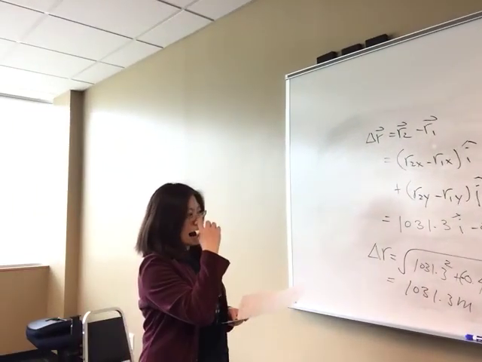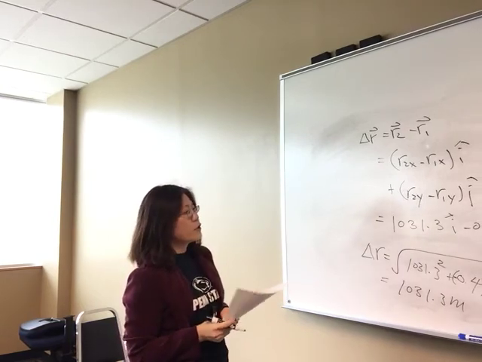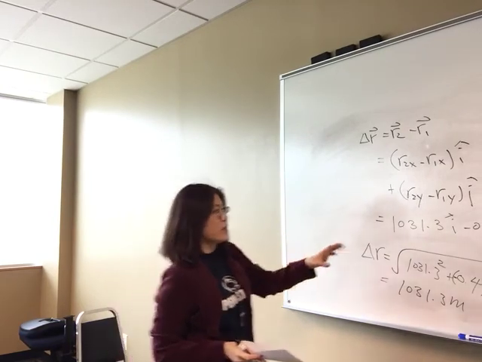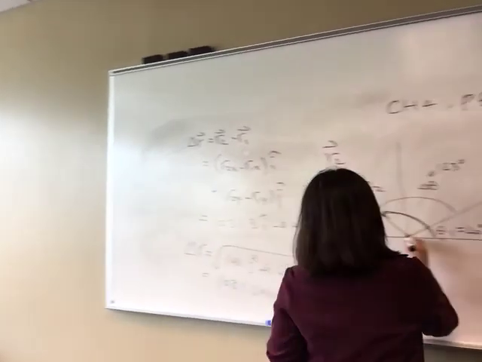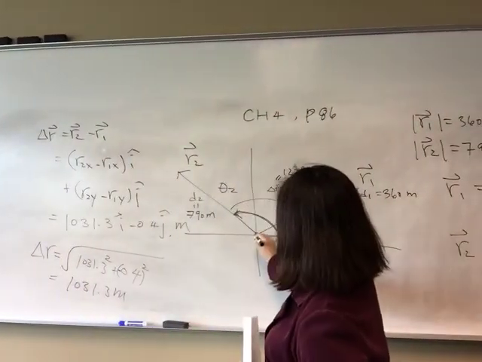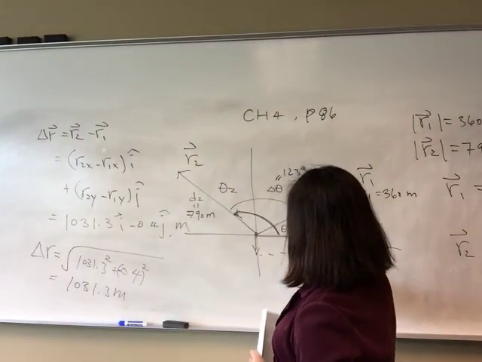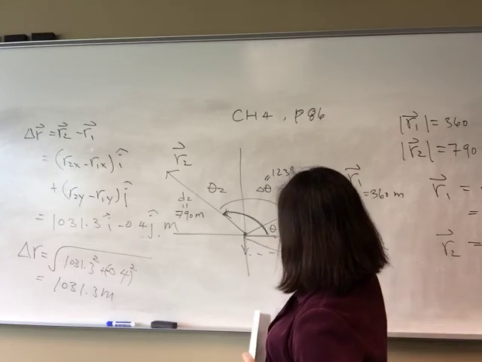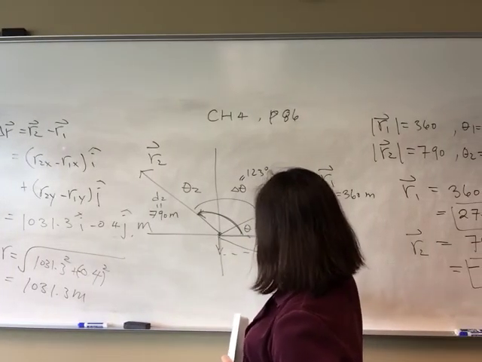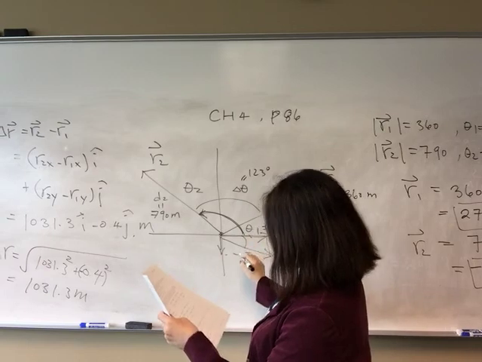The angle. To find the angle, again, draw it on the xy plane. You have the positive x component and the negative y component, so your delta R is here. You can define this as your theta.